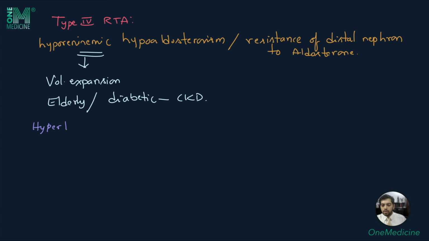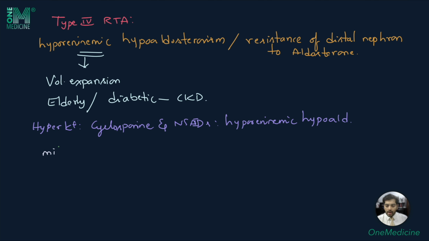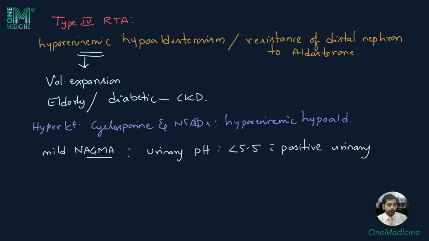Hyperkalemia, that is associated with cyclosporin and even NSAIDs, is attributed to hyporeninemic hypoaldosteronism. These patients also have mild non-anion gap metabolic acidosis, and the urinary pH can be less than 5.5 with a positive urinary anion gap.